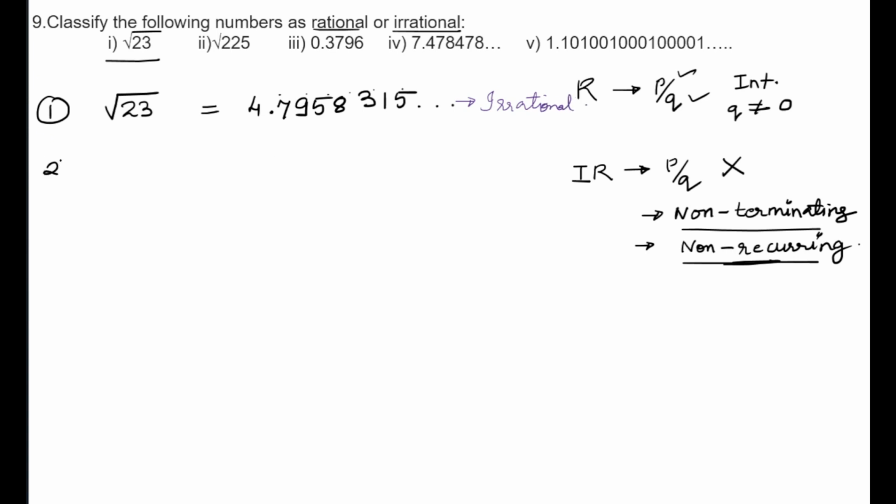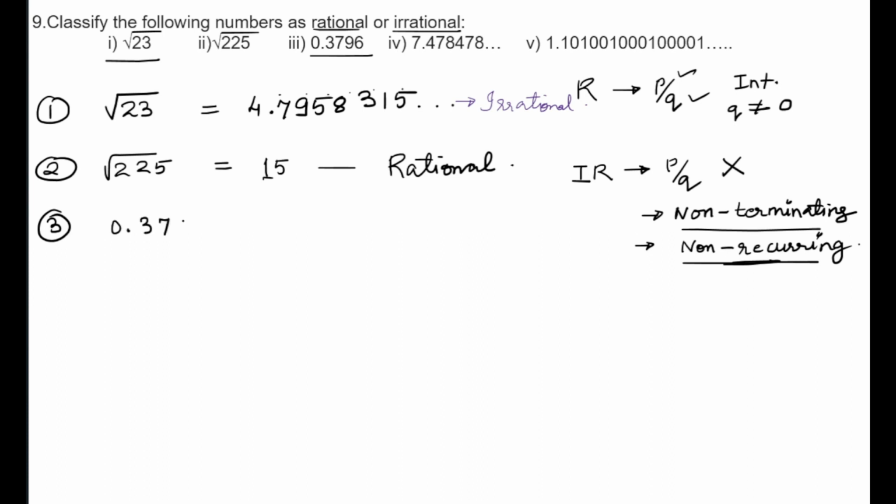Coming to the second one, it says root 225. So we all know, right? It is 15, correct? So root of 225 is 15. Now 15 is what? It is a rational number. So it is rational. Okay. Now coming to the third one, if you look carefully, it is 0.3796 and it stops there, right?